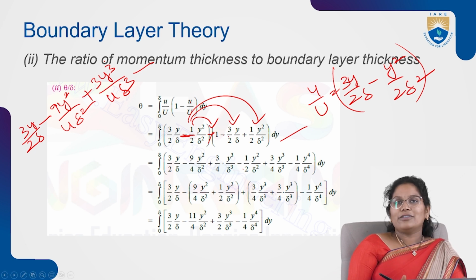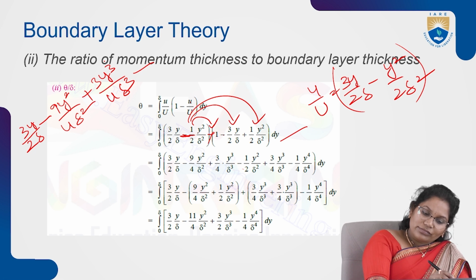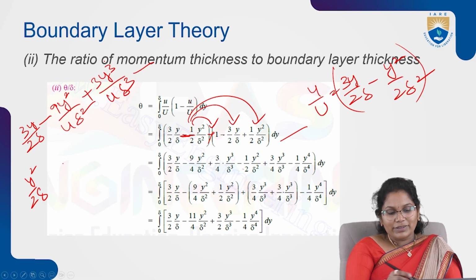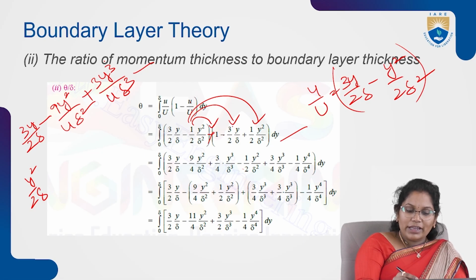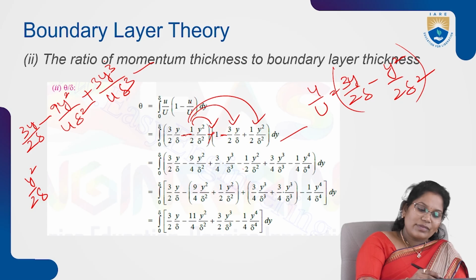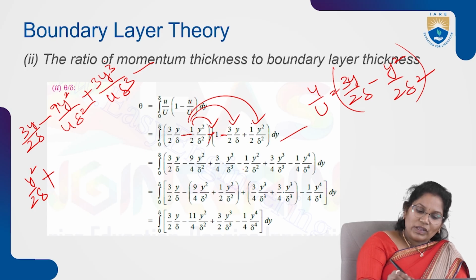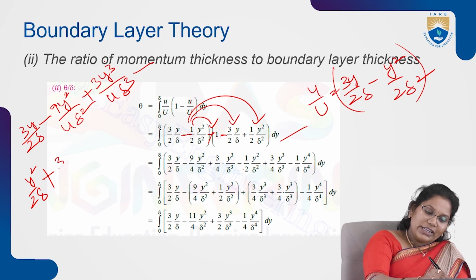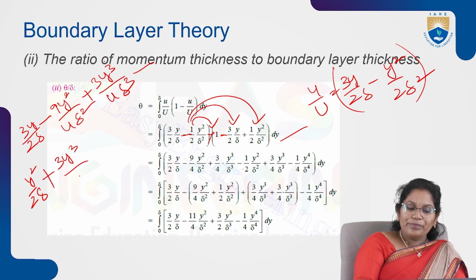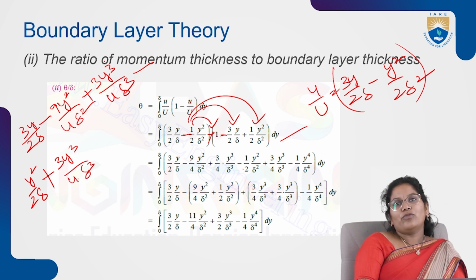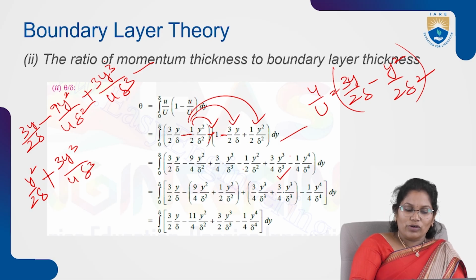Minus into plus is minus: minus y square by 2 delta, directly. Again here minus, and here also minus, so minus into minus is plus. Minus into minus is plus. So what happens to this one? 3 into y cube by 2 into 4, that is 4 into delta cube. This we also got.